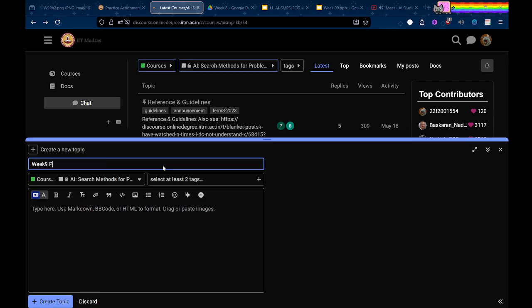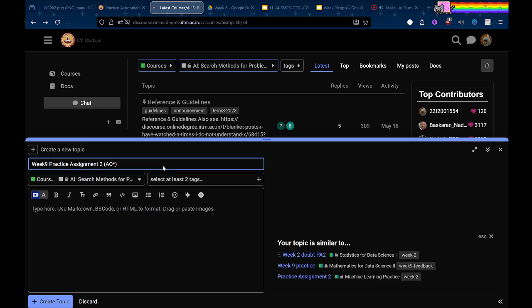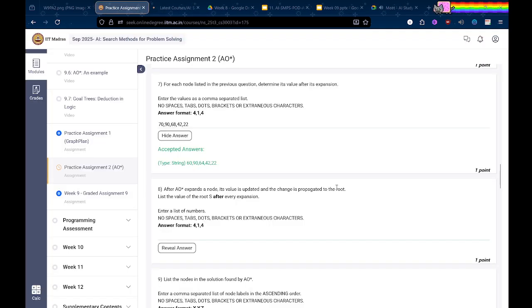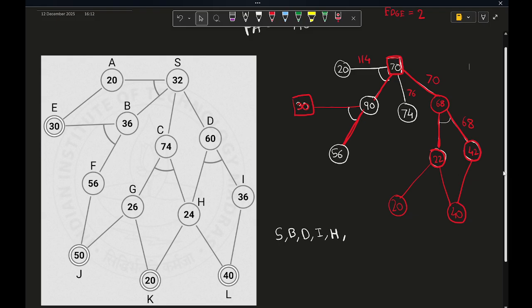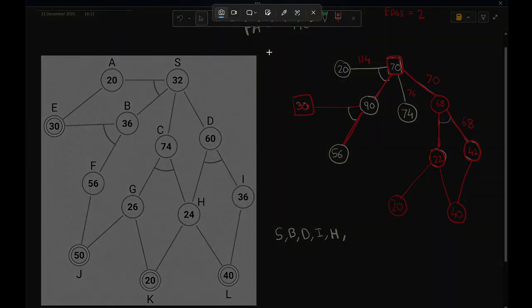Week 9 practice assignment 2 A* for the given question, this is the expanded graph.